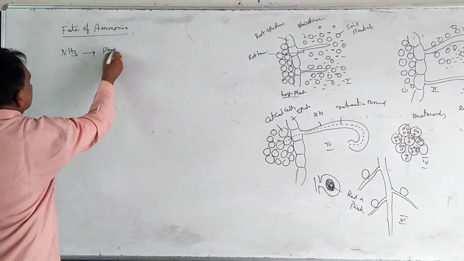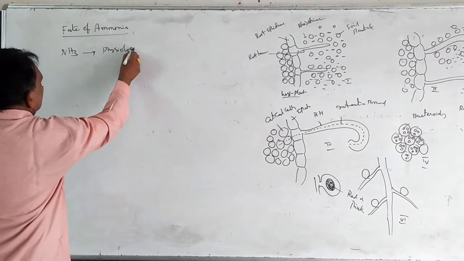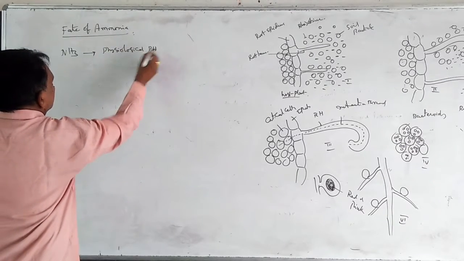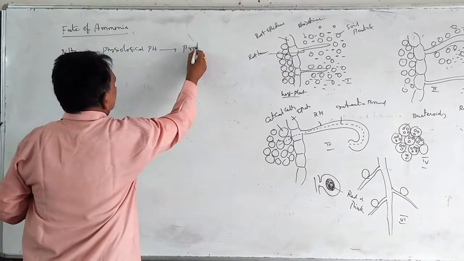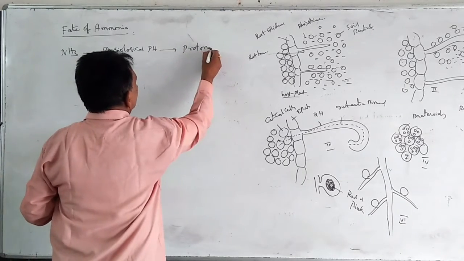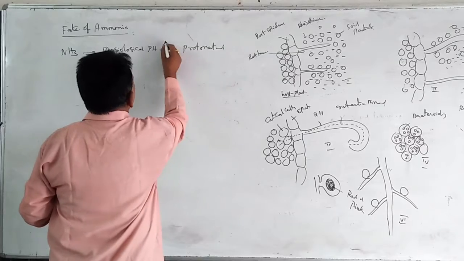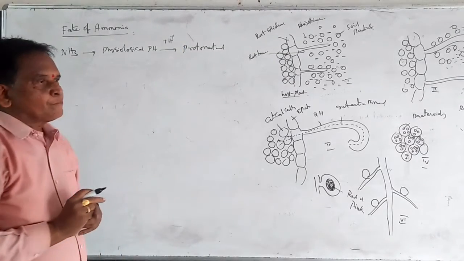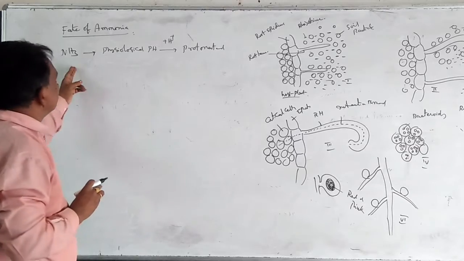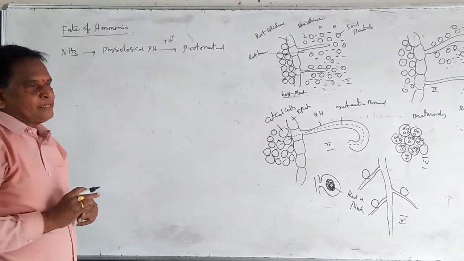At physiological pH, this ammonia is protonated. Protonated means addition of hydrogen protons takes place. Once ammonia is formed, addition of hydrogen protons takes place.